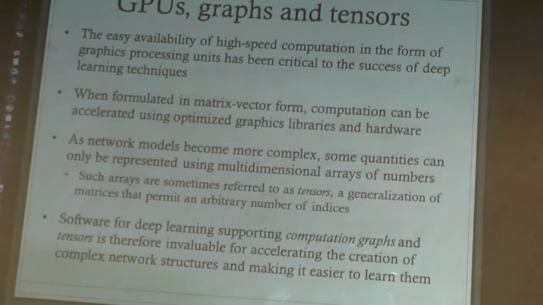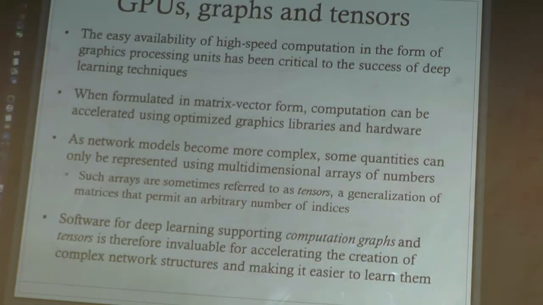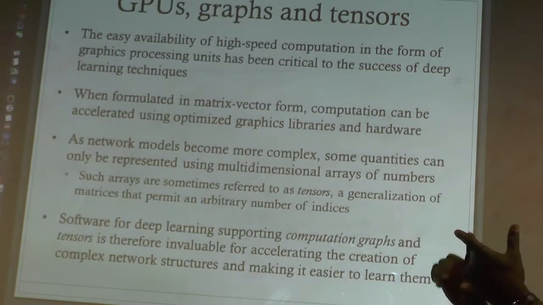Now, the question is, in terms of modeling, how do you model that? You need a tool that allows you to model that in terms of multi-dimensional arrays. And Tensor actually allows you to generalize your matrices. It's a generalization of matrices, and you can generalize it to what we refer to as an arbitrary number of indices. Arbitrary number.